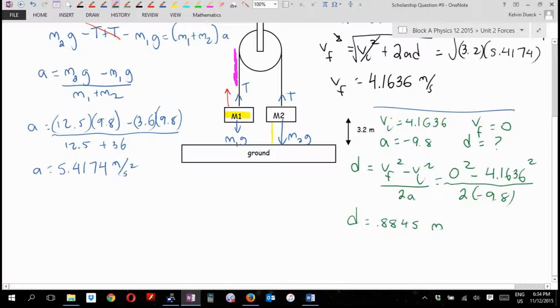So now that I've done that, I'm going to erase everything on my drawing just so you can get a feel for what this all means. First of all, this thing is going to fall down to the ground 3.2 meters, which means this is going to start out at a height of 3.2 meters.